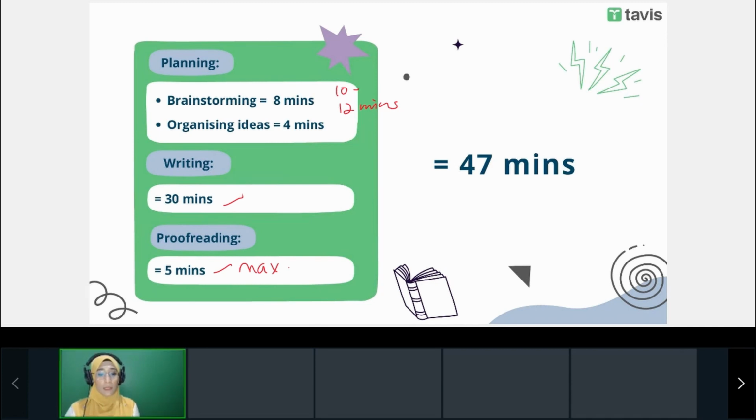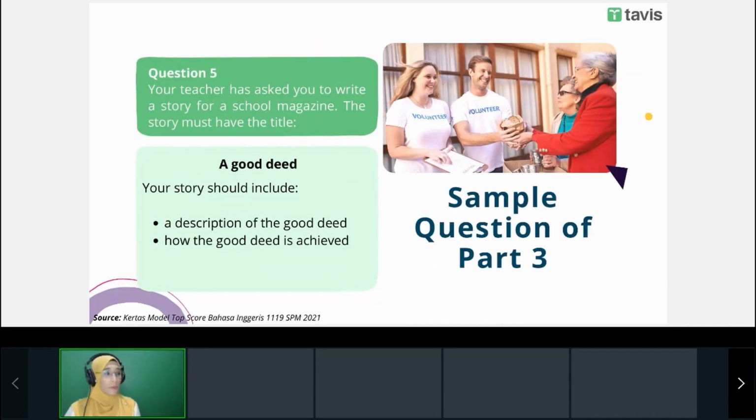Okay, now we don't have much time, but this is just to show you how the question looks for story writing. So, a good deed. Again, a description. Describe the good deed. When you describe, explain. Example. Make sure you provide that.